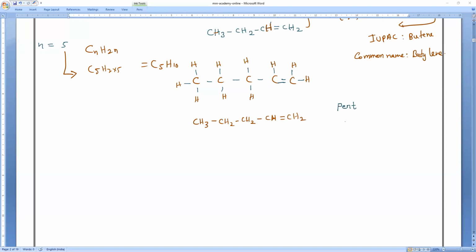So pent is the word root for N is equals to 5, plus ene is the suffix because of the double bond. So pent plus ene, which is equals to what, everybody? Pentene. That is the IUPAC name. Write it, everybody. IUPAC name for C5H10 is pentene. Make it quick, all of you.